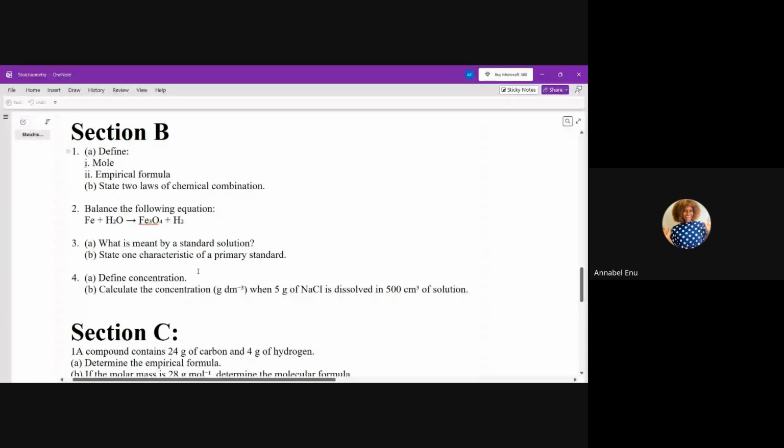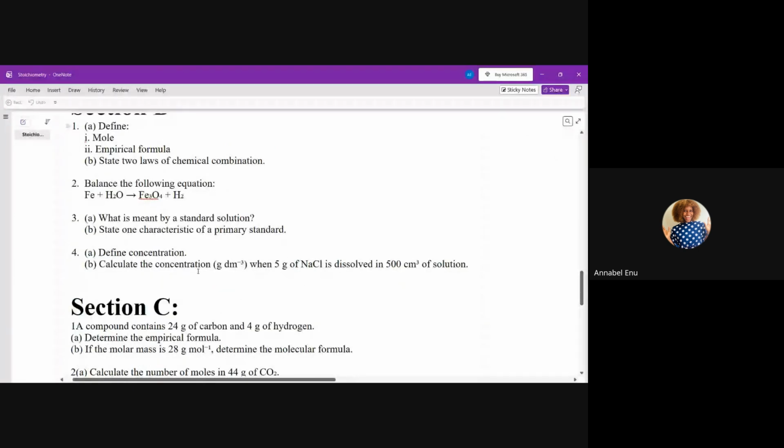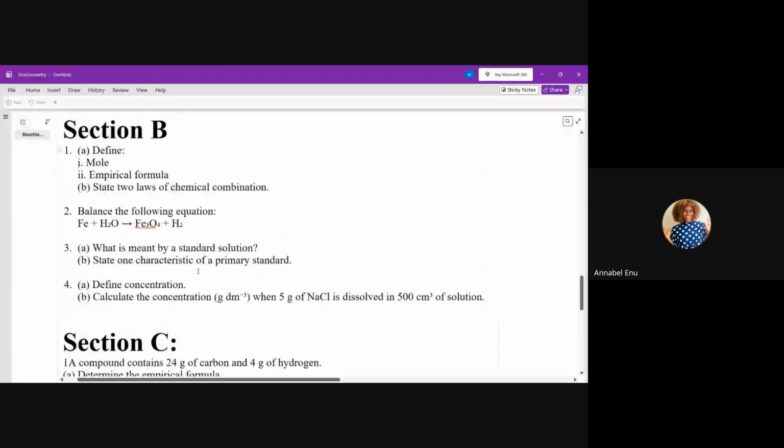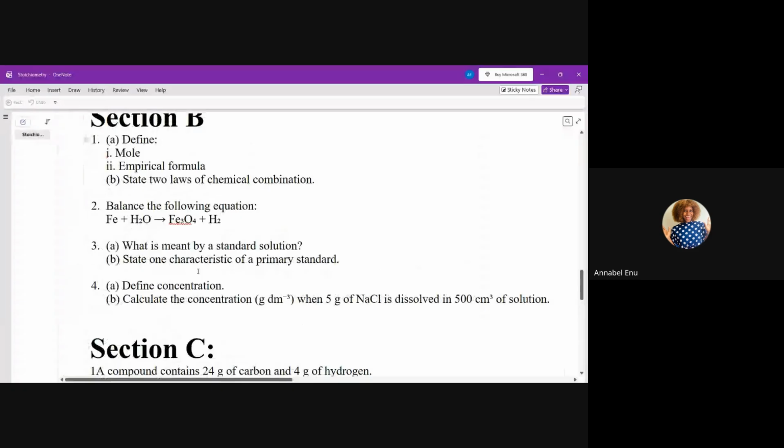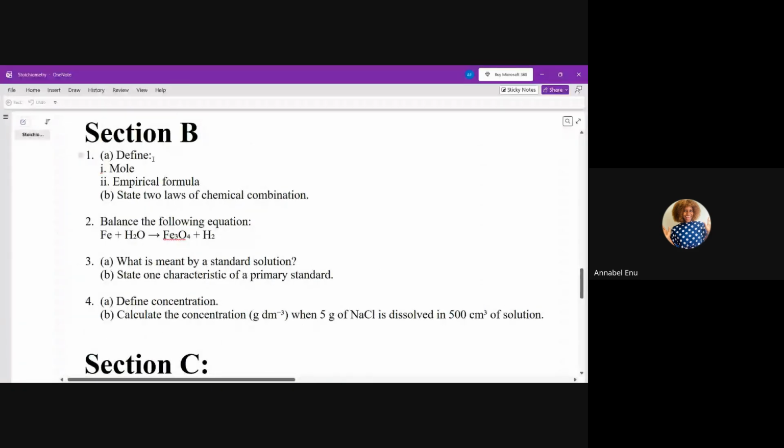Now let's see section B of these other questions. The first question says, what is a mole, and what is empirical formula, and two laws of chemical combination?